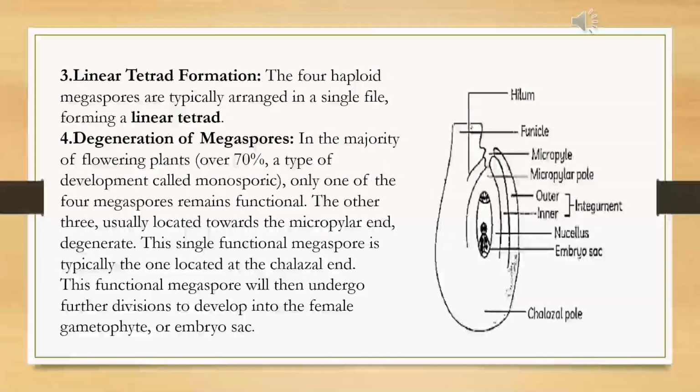The other three, usually located towards the micropylar end, degenerate. This single functional megaspore is typically the one located at the chalazal end. This functional megaspore will then undergo further divisions to develop into the female gametophyte or embryo sac.